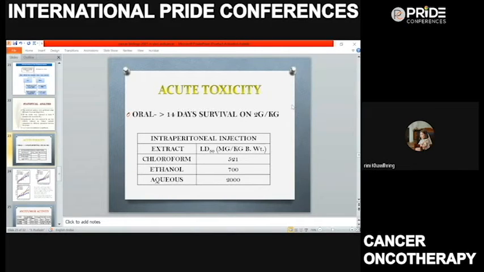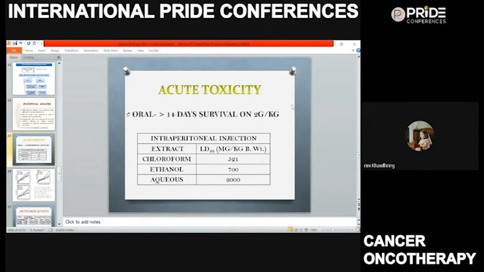So moving on to the results, in case of oral acute toxicity, there was more than 14 days survival on 2 gram per kg body weight, which is the highest dose we can test for.